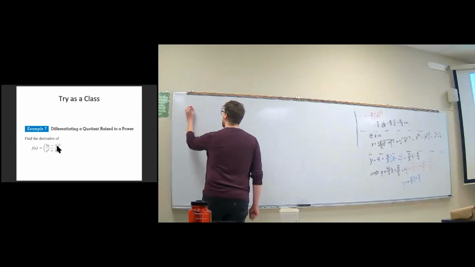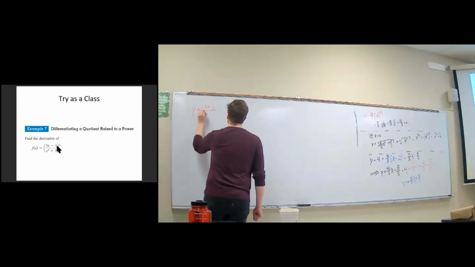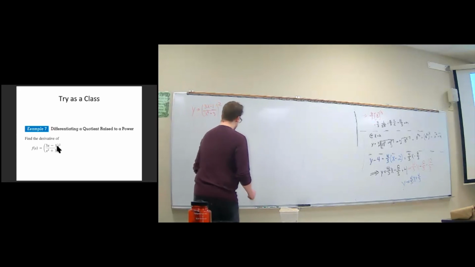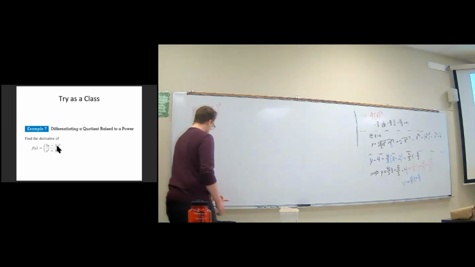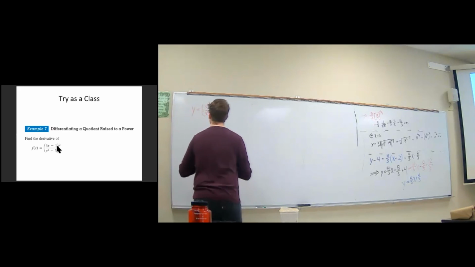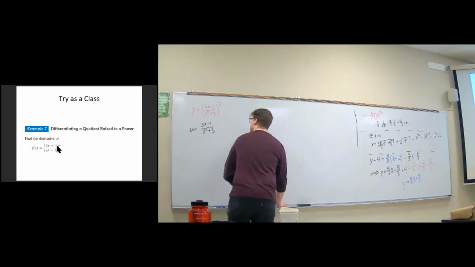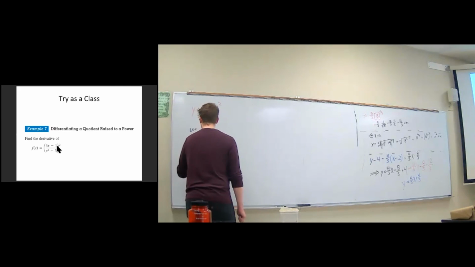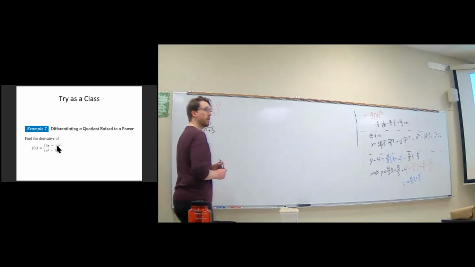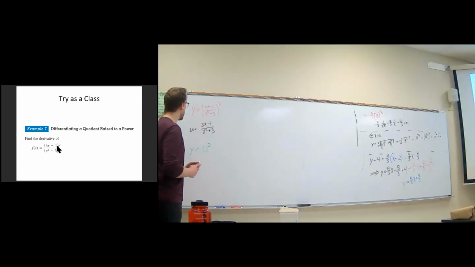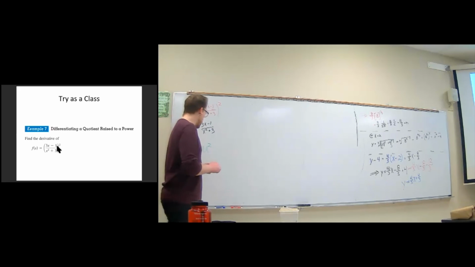We could say y is equal to 3x minus 1 divided by x squared plus 3, that quantity squared. u is going to be equal to 3x minus 1 divided by x squared plus 3. So y then would be u squared.